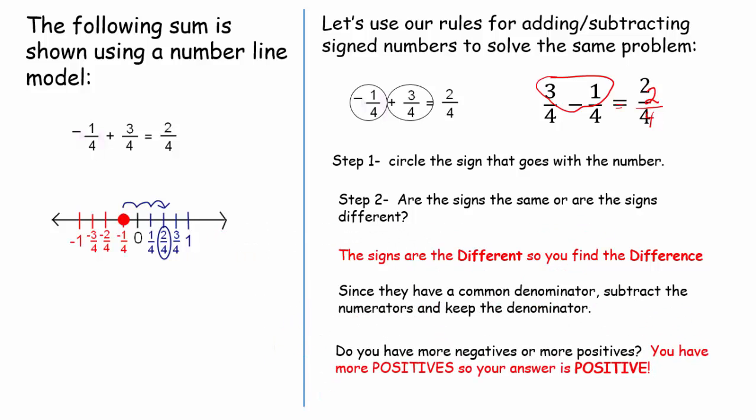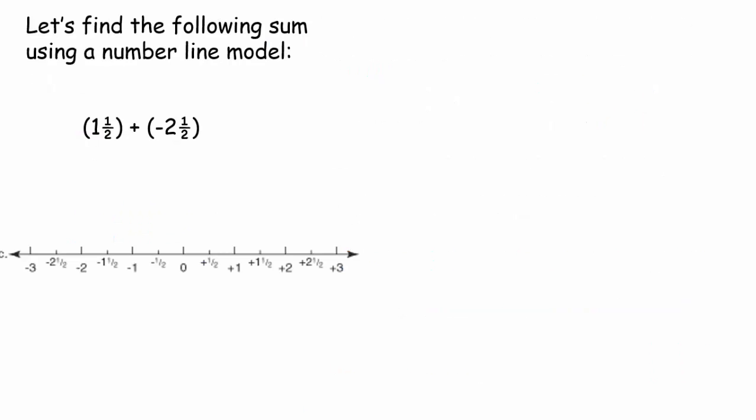Do I have more positives or more negatives? If you just look here, once you have your common denominator, you just look at the numerators. There I have 1 negative. There I have 3 positives. What do I have more of? I definitely have more positives. How many more positives? 2 extra positives. That's why it's 2/4.